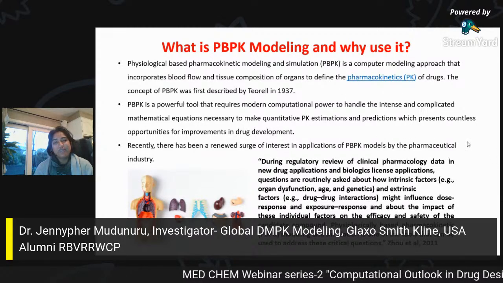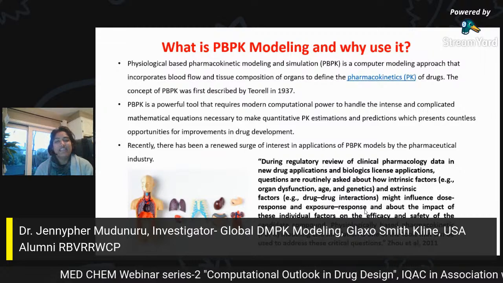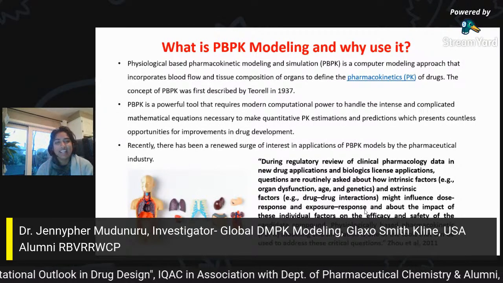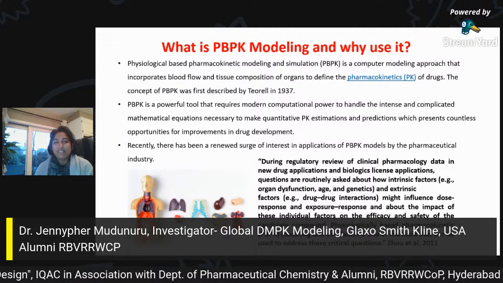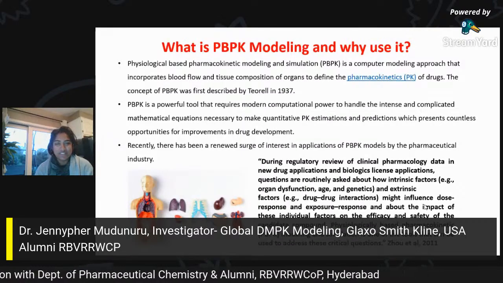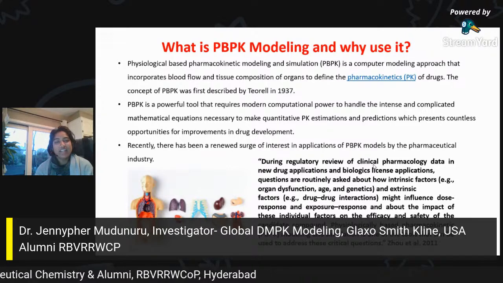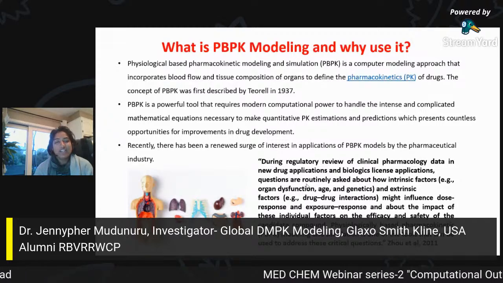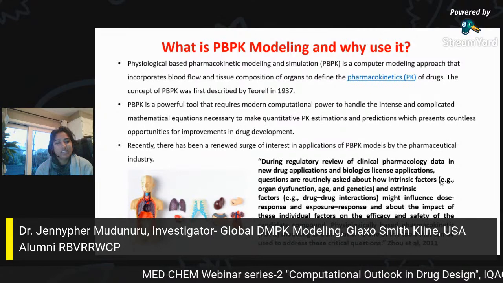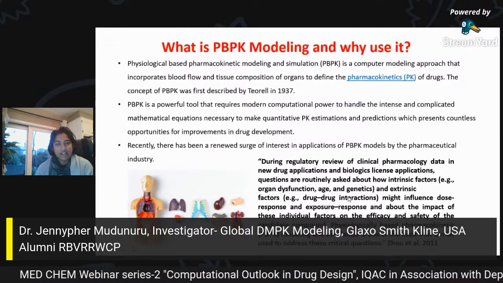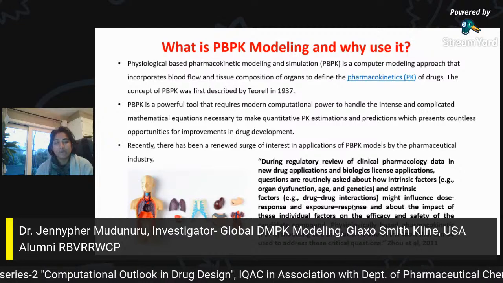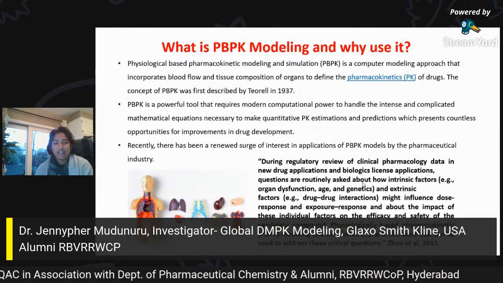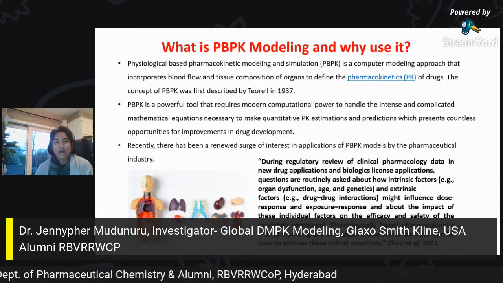So this is an excerpt from a paper from 2011, Zoe et al. There are very nice introductory papers on PBPK modeling that I can share at the end of the presentation for someone who's interested in resources. It said that during the regulatory review of clinical pharmacology data in new drug applications and biologics, questions are routinely asked about how the intrinsic and extrinsic factors might influence dose response and exposure response, and also the impact of these factors on the efficacy and safety of the compound.